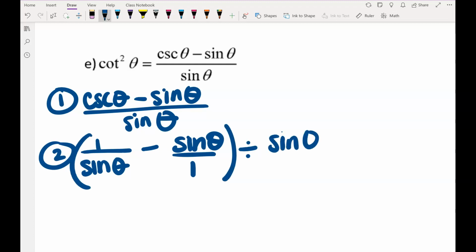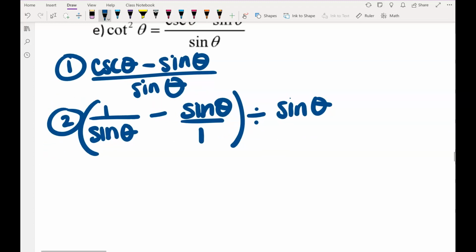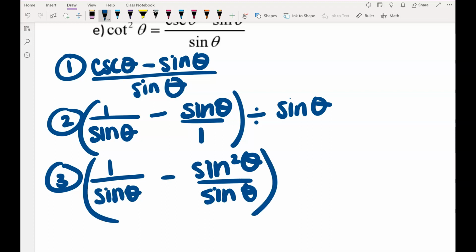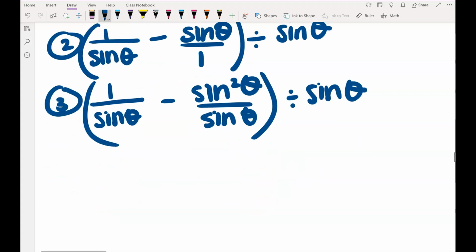All right. And then what is your next step? I found a common denominator, so it was 1 over sine minus sine squared over sine. You're right. So that would be sine squared over sine. And then I combined the numerators.